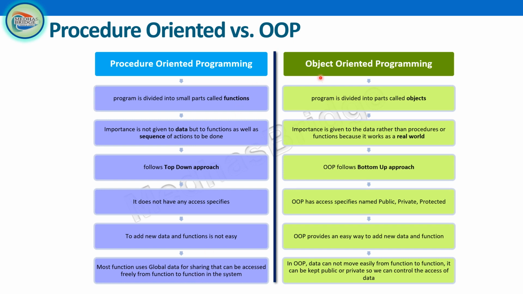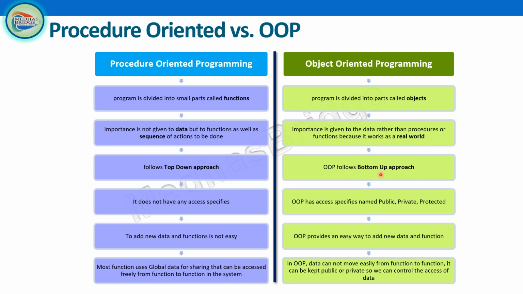Let's look at now object-oriented programming. The program is divided into parts called collaborative objects in object-oriented programming. Here, the importance is given to the data rather than procedures or functions because it works like the real world.